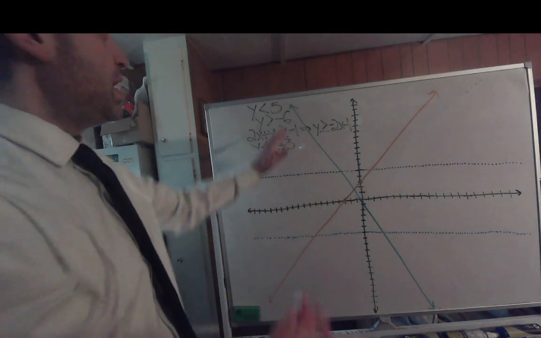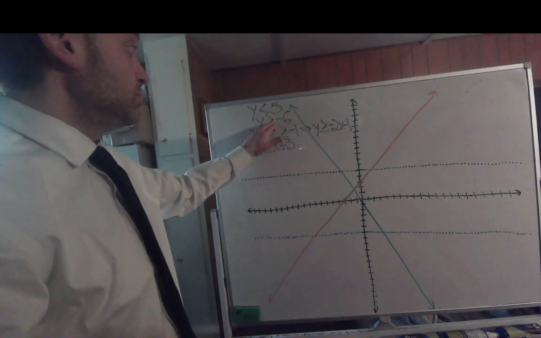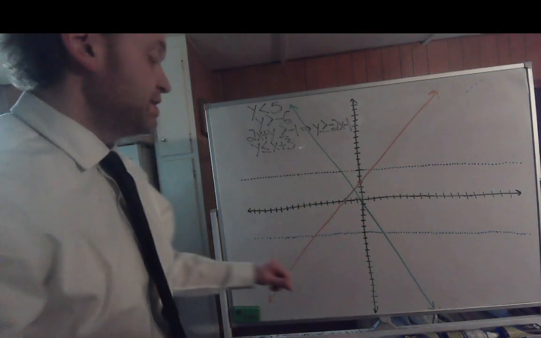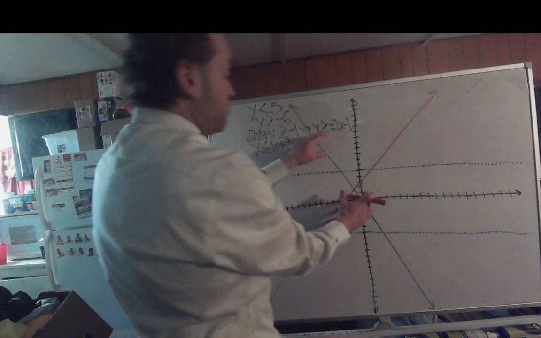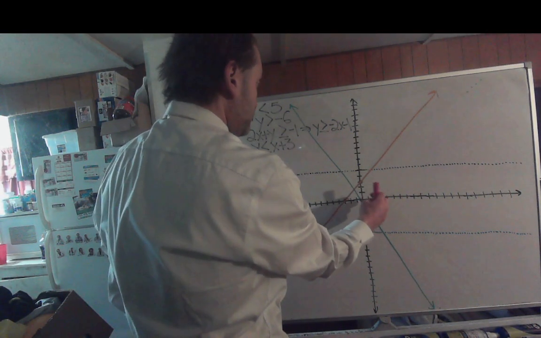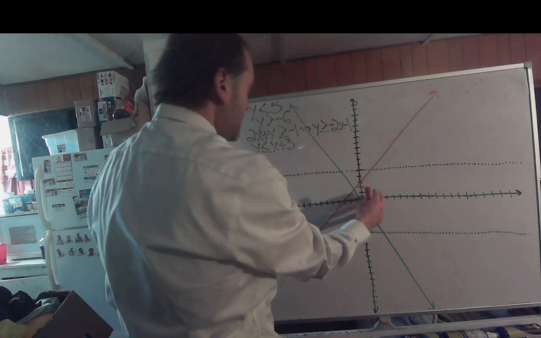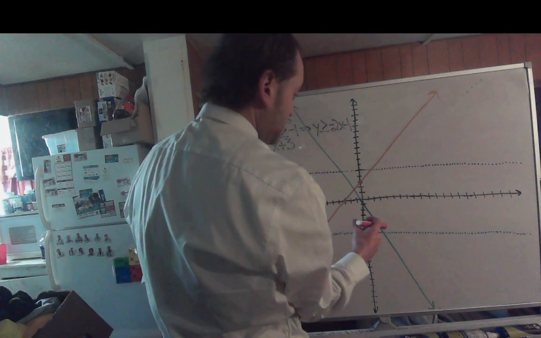Next we have y is greater than negative 6. Well, since it's just greater than negative 6, it's that dotted blue line. That's going to put you in between the purple and blue line. So somewhere in here. Now we have y is greater than or equal to negative 2x minus 1, which would be your green line. It's going to be above it, so you're going to have somewhere in this region.